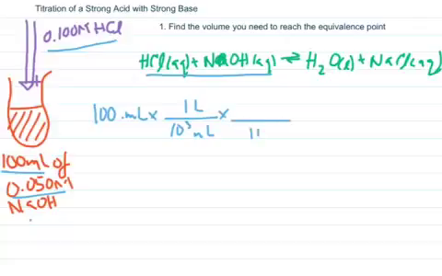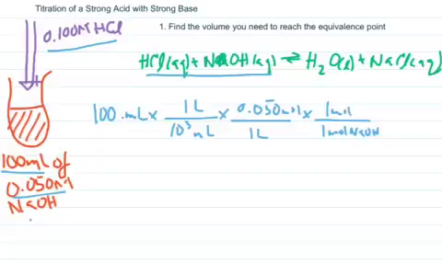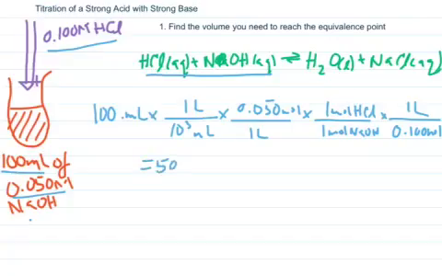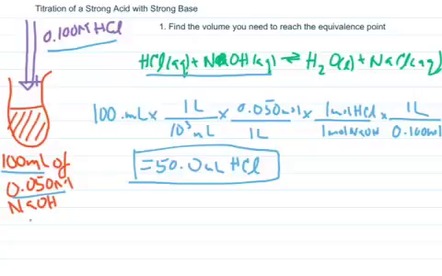Then I'm going to take my molarity and convert it into moles. Then I'm going to do the mole ratio, which happens to be 1:1. And now that I'm in moles of my acid, I'm going to convert to liters using the molarity to get 50.0 milliliters of HCl.